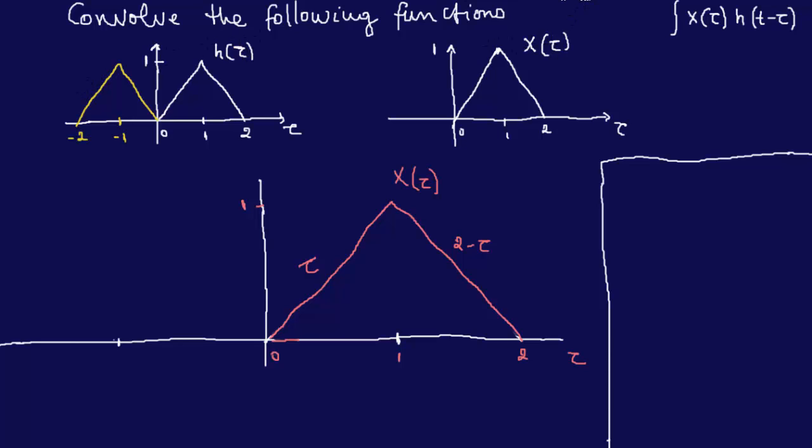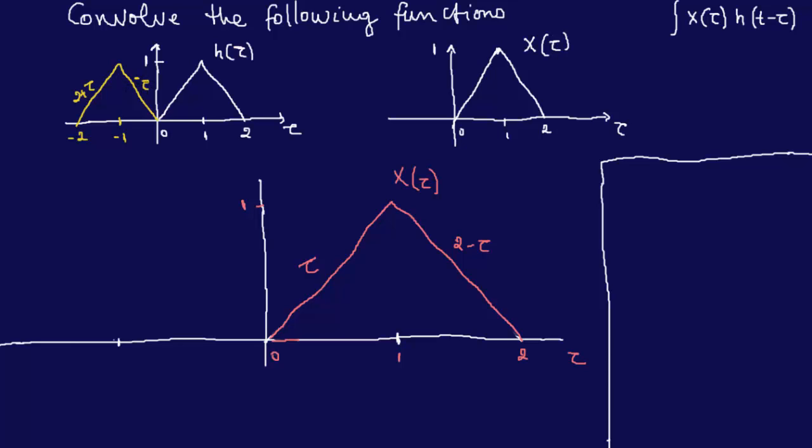We are multiplying by minus 1, so this 2 minus tau will become 2 plus tau. It's a positive slope, and then this other one becomes a negative slope, minus tau.